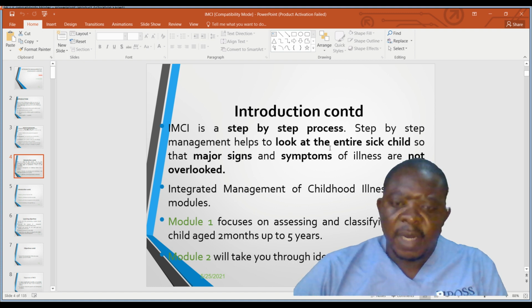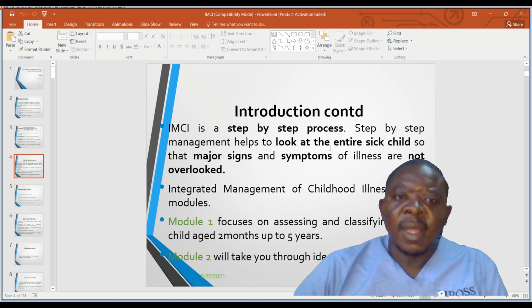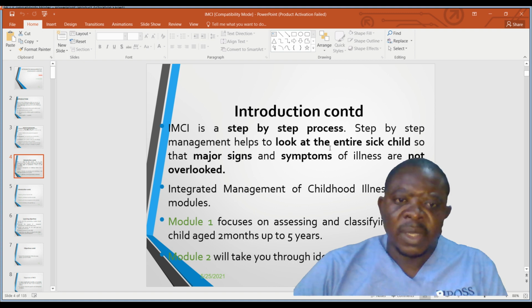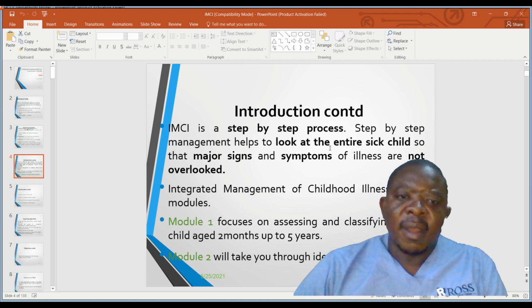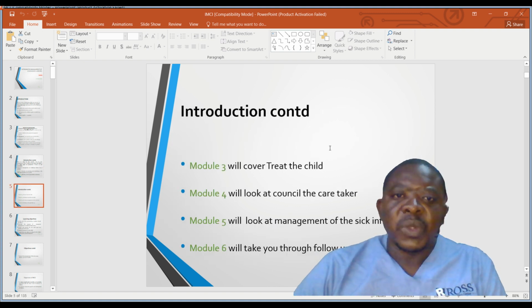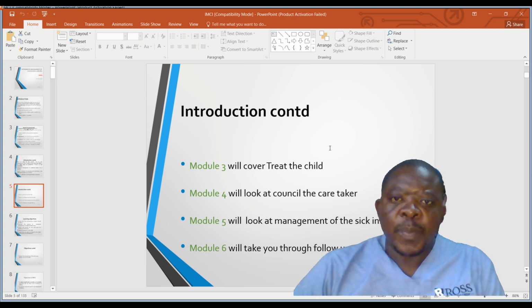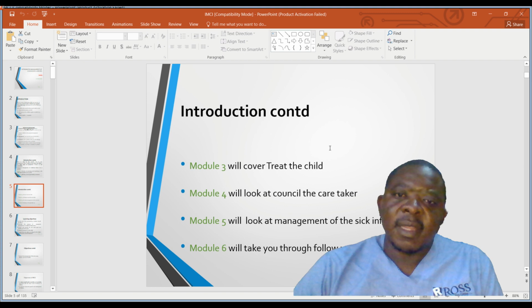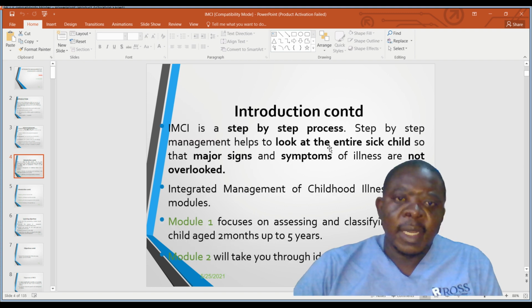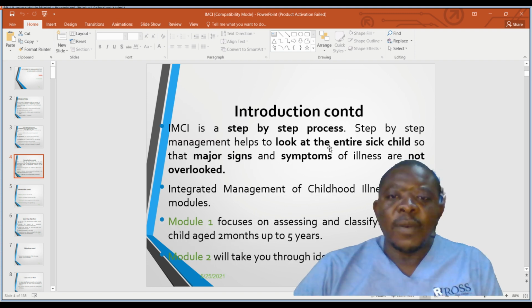Integrated management of childhood illness has 6 modules: module 1, module 2, module 3, module 4, module 5, and module 6, and they have specific things that they look at. Module 1 focuses on assessing and classifying a sick child aged 2 months up to 5 years.